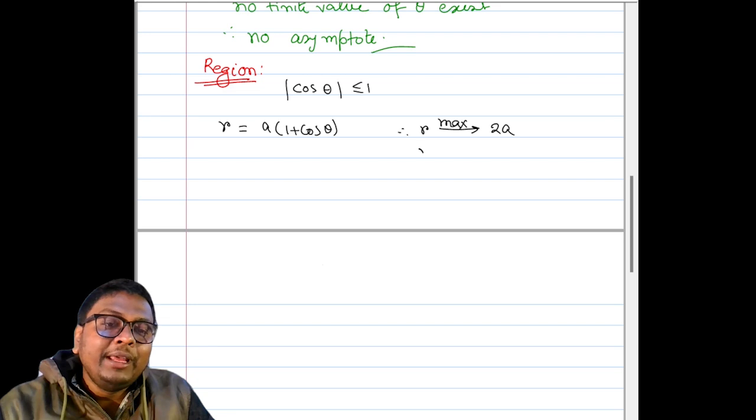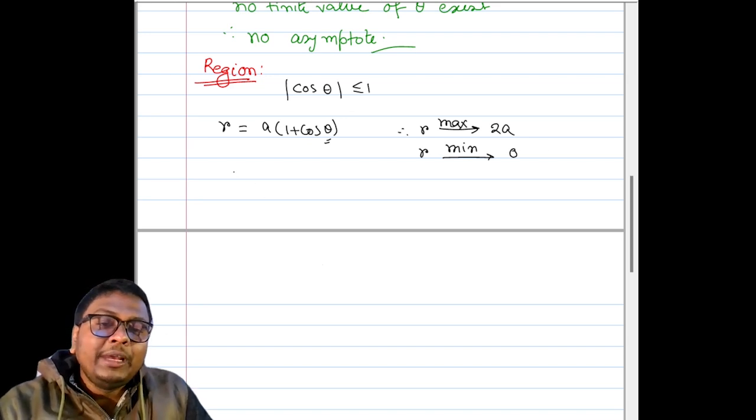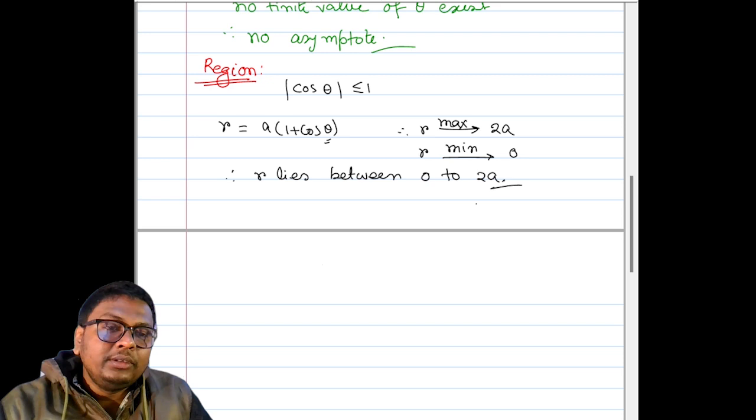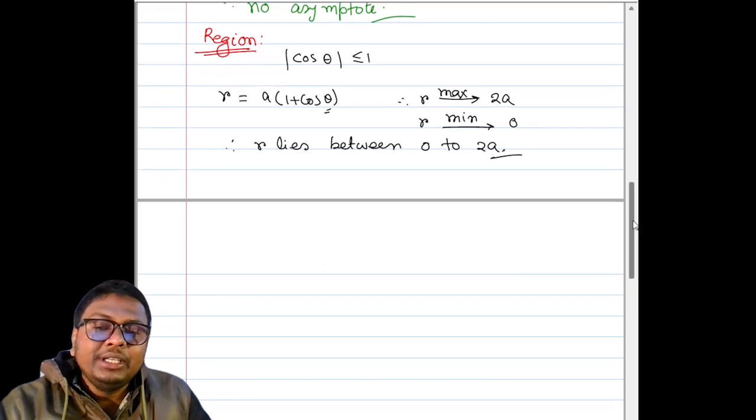And the minimum value, since cos theta can be minus 1, is 0. So therefore my r lies between 0 to 2a. That you have to find in the region portion.